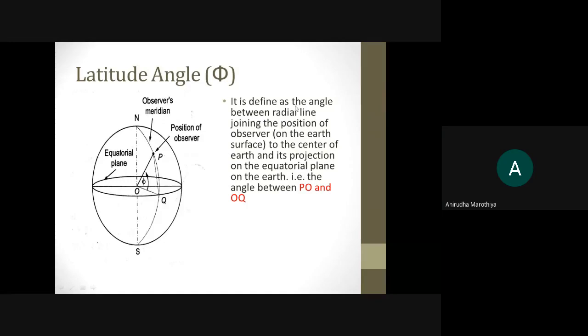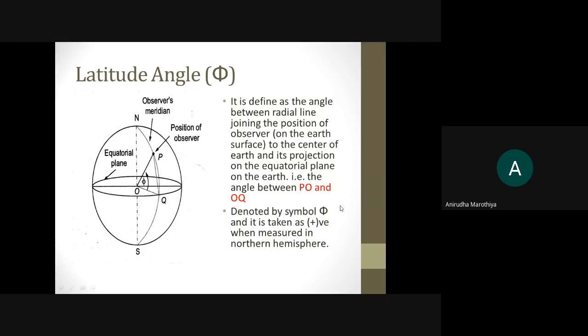It is defined as the angle between the radial line joining the position of the observer (on the surface of the earth) to the center of the earth and its projection on the earth equatorial plane. Now with respect to this diagram, it is defined as the angle between line OP and OQ, or you can say PO and OQ.